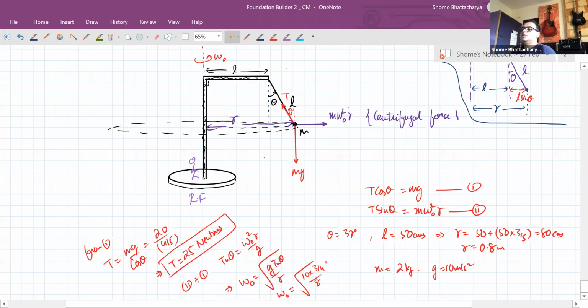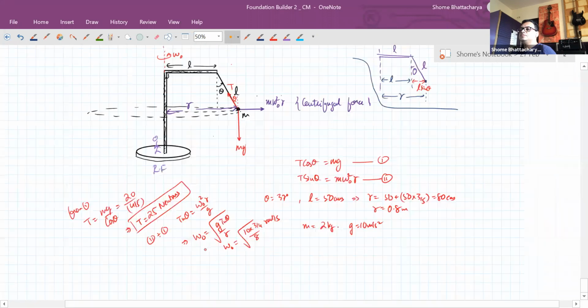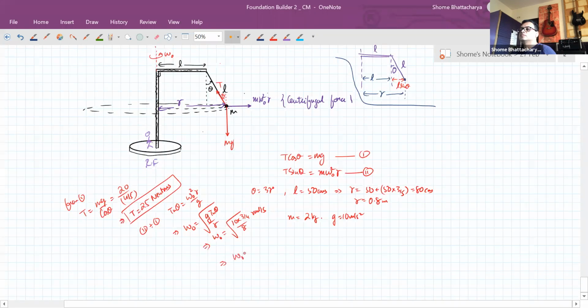So this is our value of omega in radians per second, which we will solve further in just a moment. So that is square root of 15 by 16, right? So root 15 by 4.